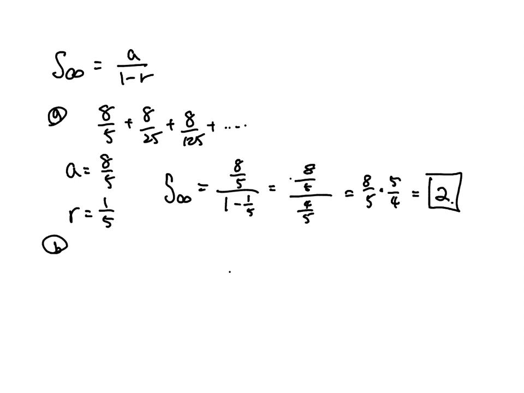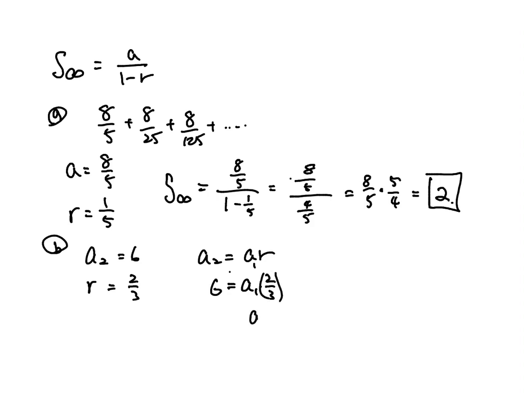Part B. Now, part B, I threw you a little bit of a curveball. We know a2 is 6 and r is 2/3. Remember what a2 is? a2 is a times r. So that means 6 equals a, the first term, times 2/3.